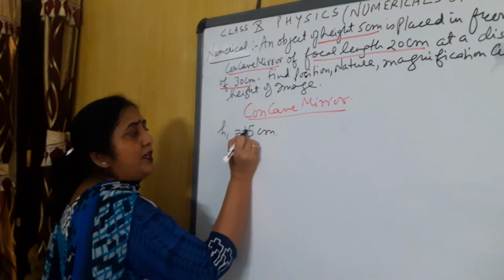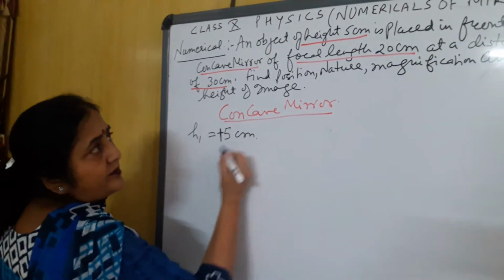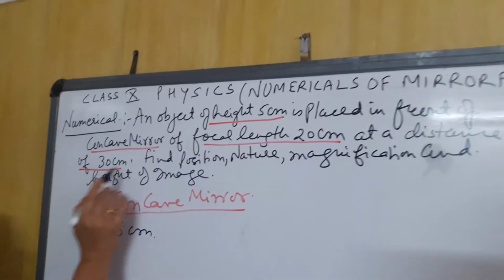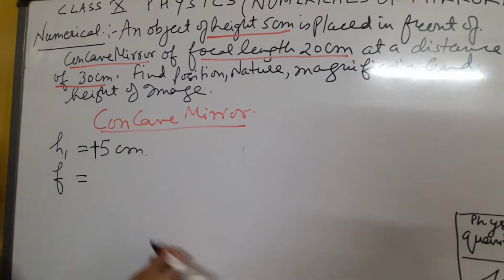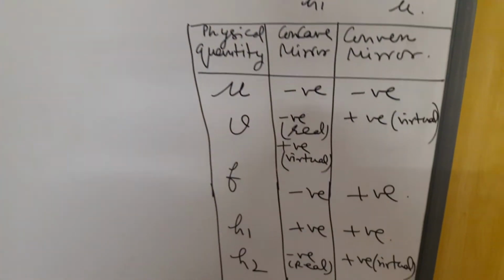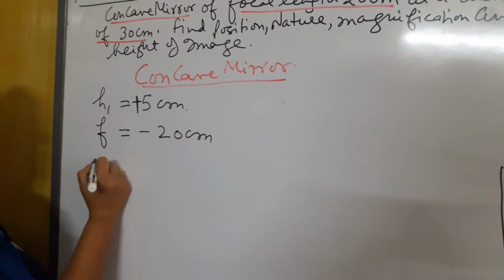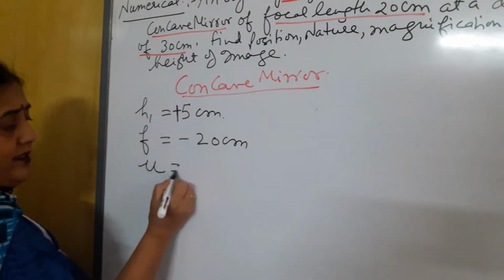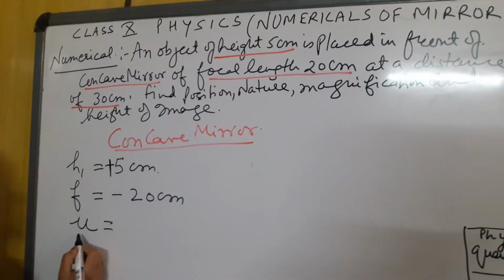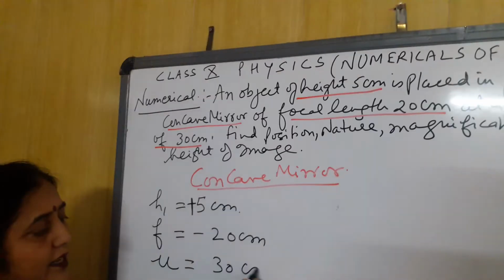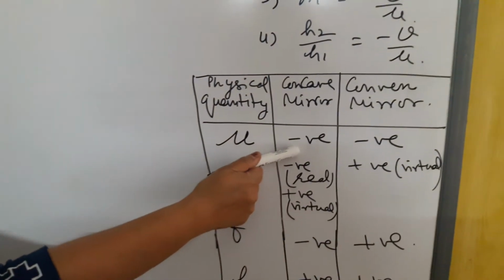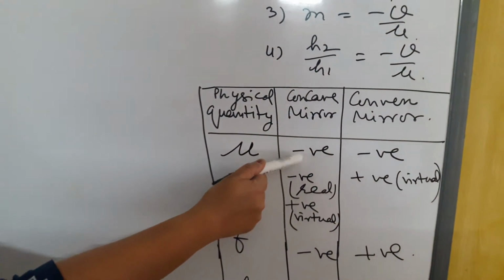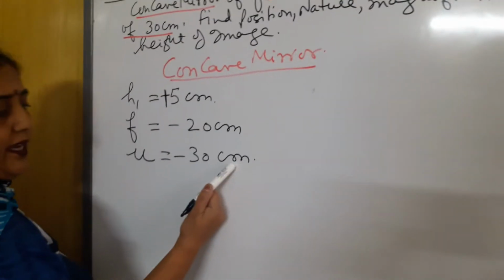Put plus here. Then focal length. Focal length of concave mirror is negative, so minus 20 centimeter. Object distance from the mirror is 30 centimeter. Put minus sign because the object is always kept on the left hand side, so put minus sign.